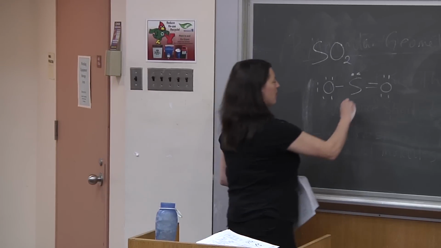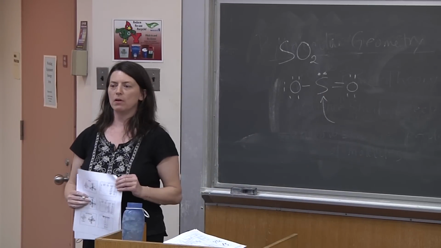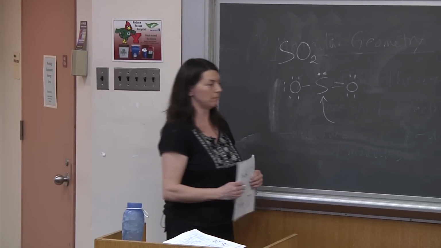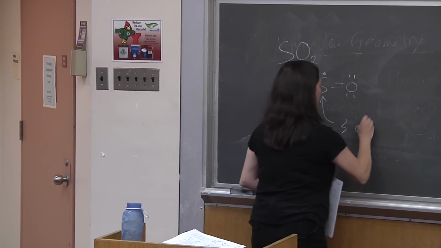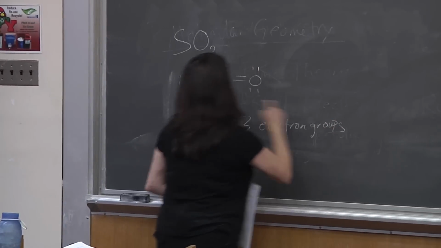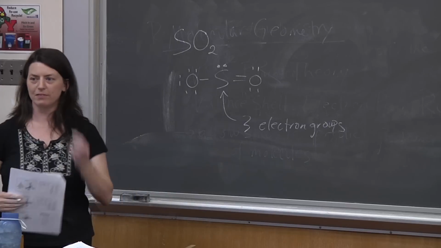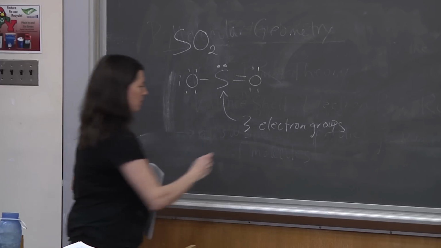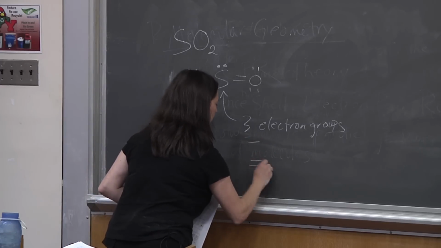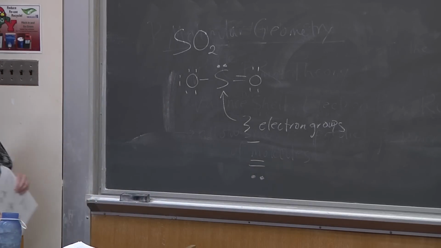Now, the central atom is S. How many electron groups are there on S? This is still 3 electron groups. You have a single bond, a double bond, and a lone pair. That counts as 3. So single, double, and lone pair. Those are the 3 types.